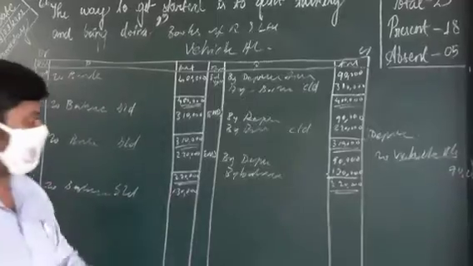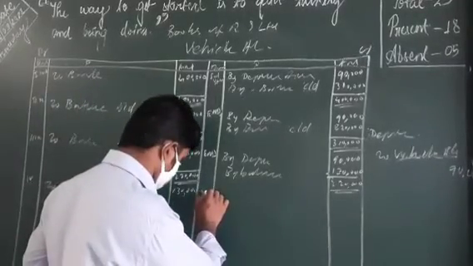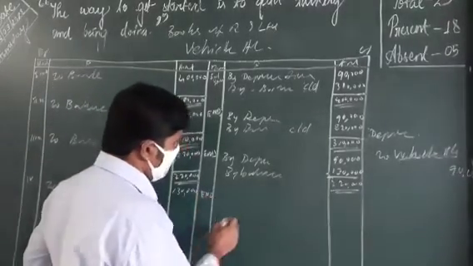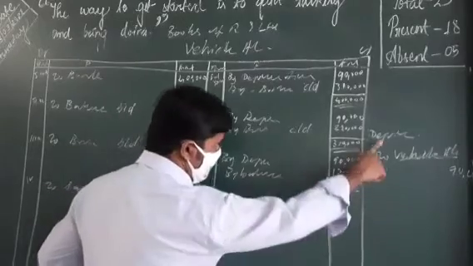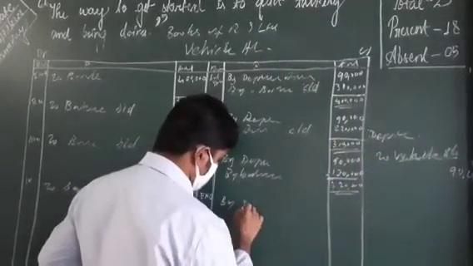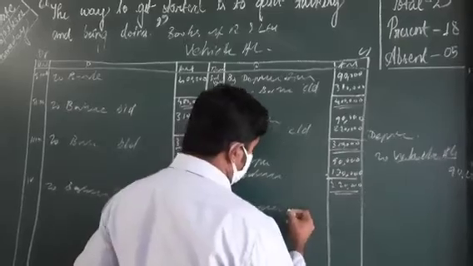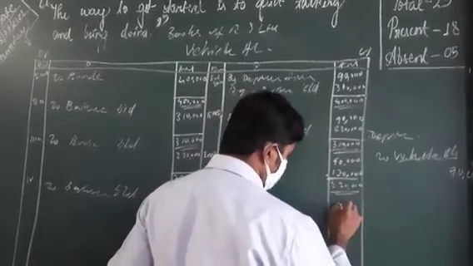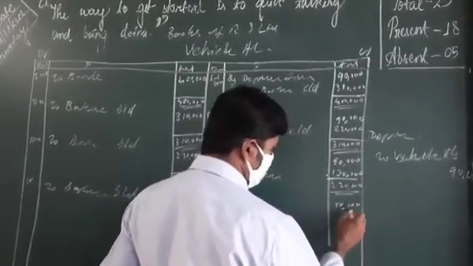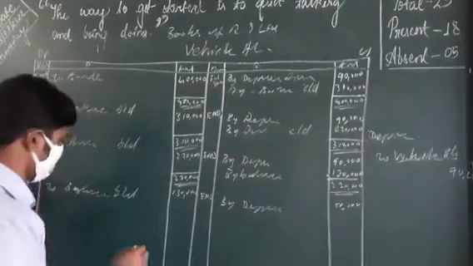And at the end of that year, what entries are repeating? Depreciation with the same amount, 90,000. Again we balance. Which side is having more?